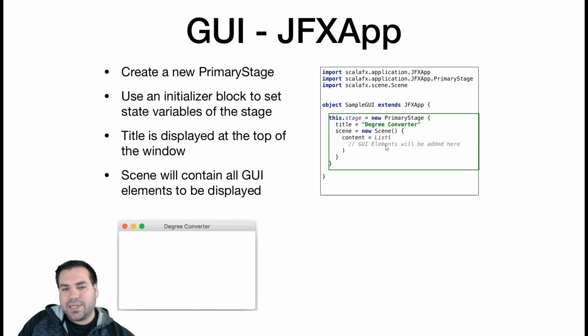We're just creating an empty scene here, but we'd create a new scene, use another initializer block. I told you we're going to use this extensively. We're going to end up with triply nested initializer blocks at the end of this. And we're going to use an initializer block to set the content of that scene, which takes a list of GUI elements, and all those GUI elements will show up in the window.